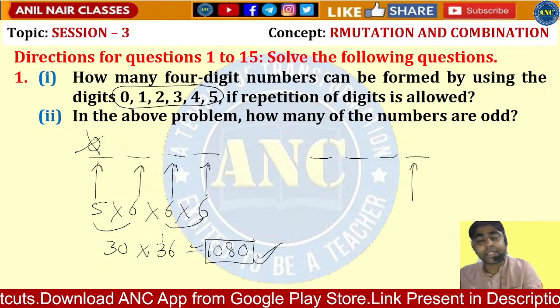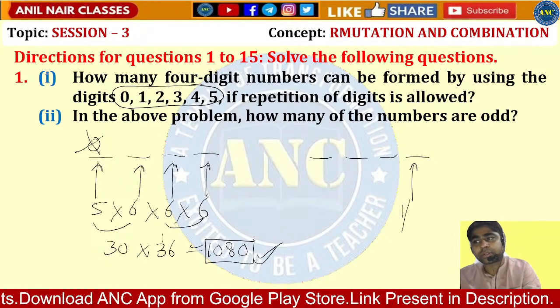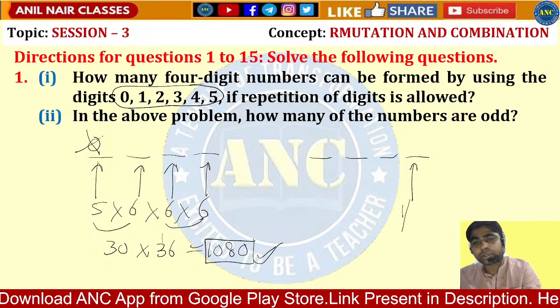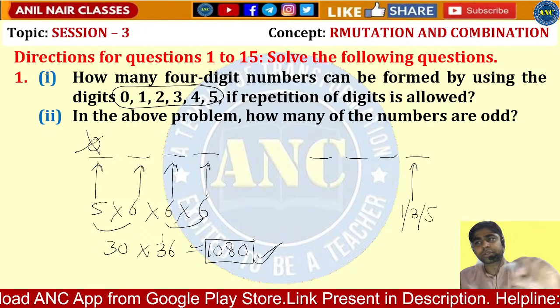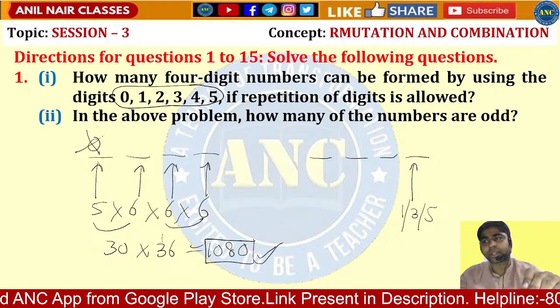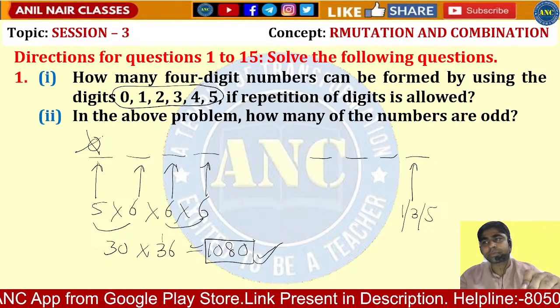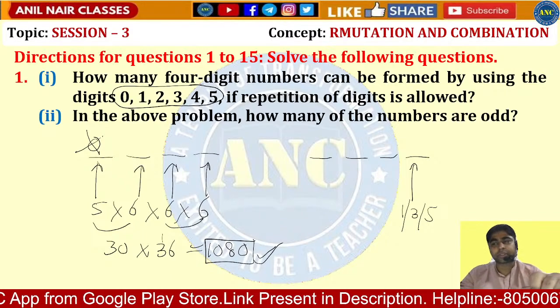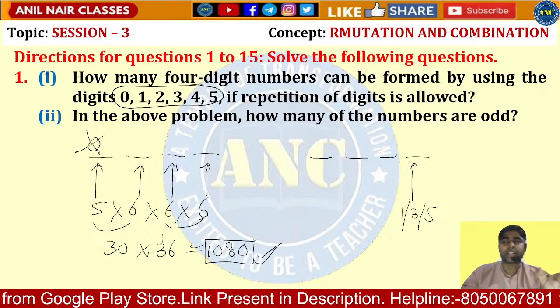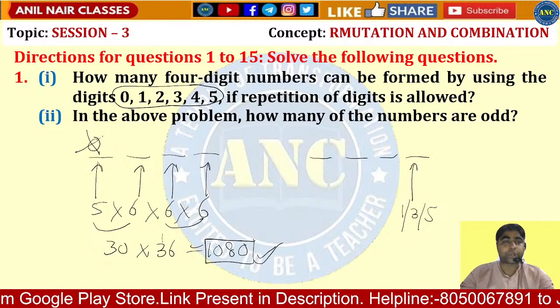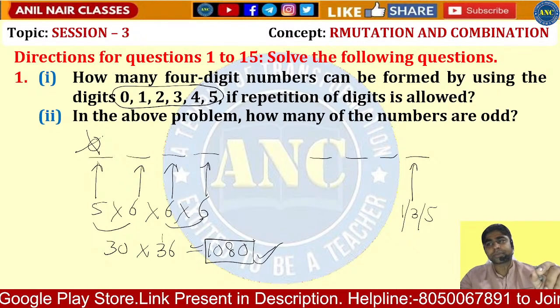I can keep either a 1 or a 3 or a 5. I can keep a 1, a 3 or a 5. I cannot keep a 0, 2 or a 4.